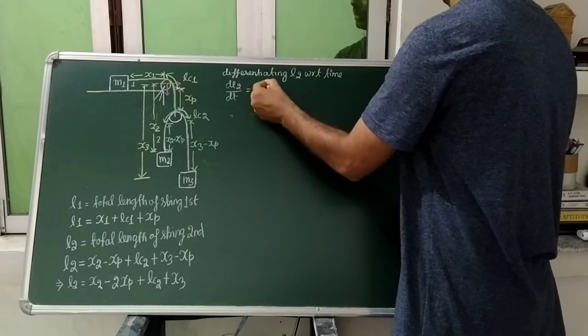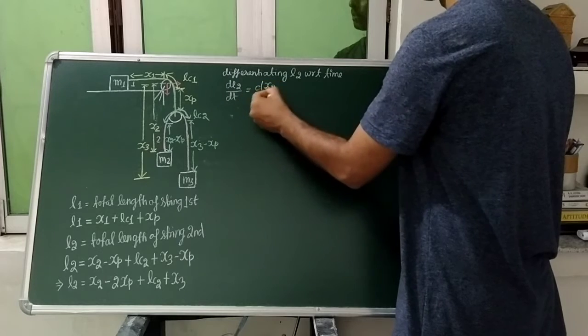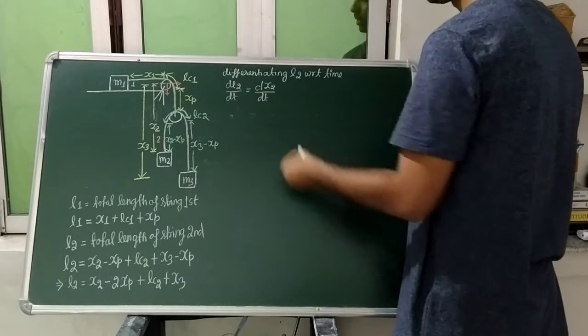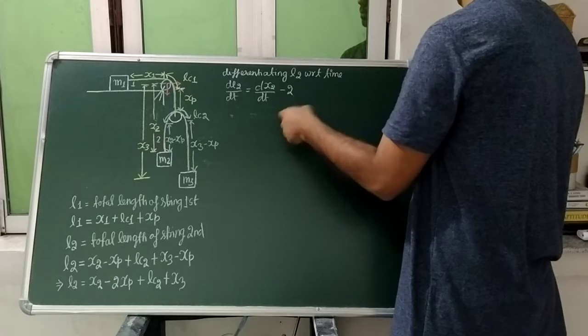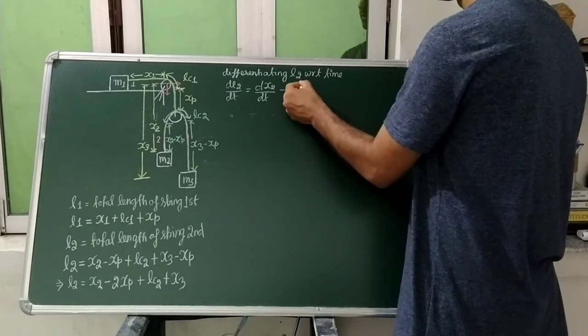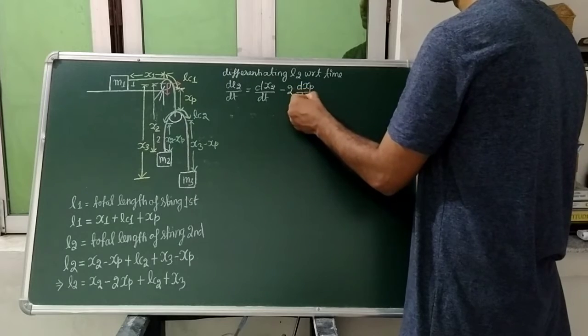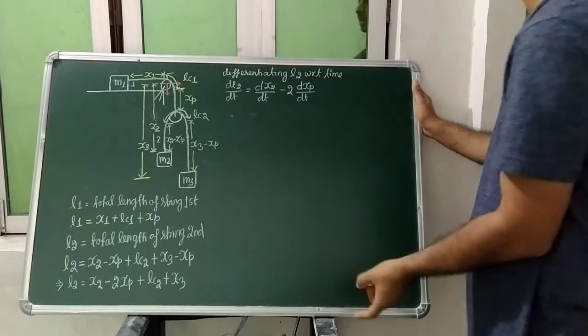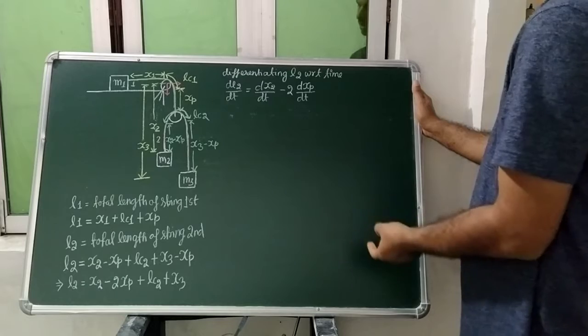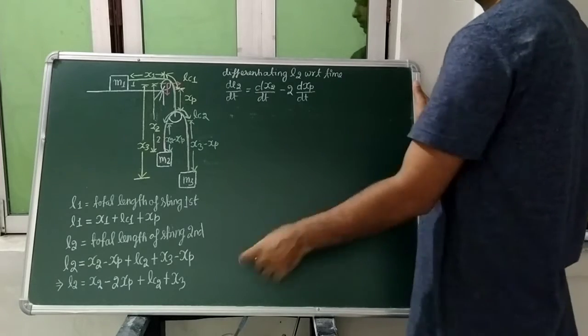This dx2 upon dt, minus 2 will come outside of the derivative, this dxp upon dt. I have told you about this differentiation in the very earlier classes.